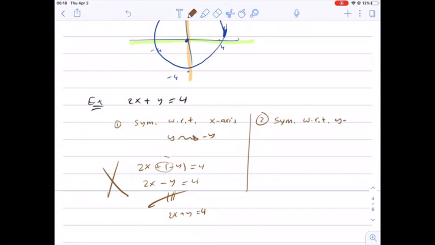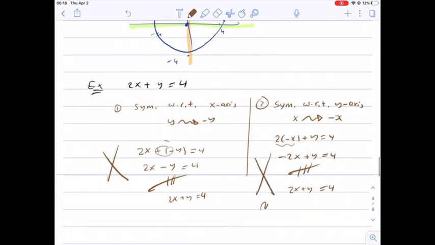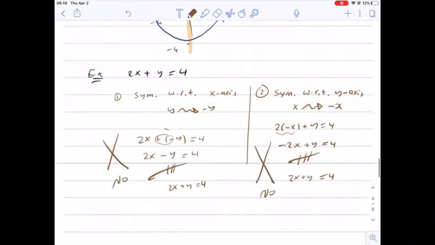What about symmetry with respect to the y-axis? In this case, we change x to negative x, so we have 2 times negative x plus y equals 4. 2 times negative x, negative 2x plus y equals 4. This is not equivalent to the original equation, so the answer here is no as well.